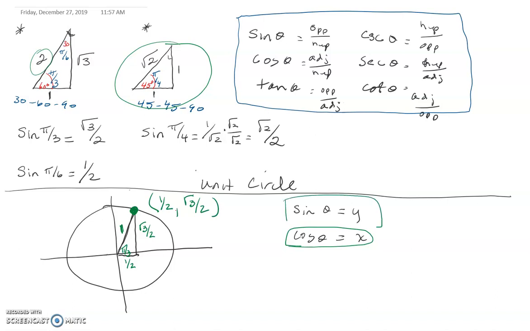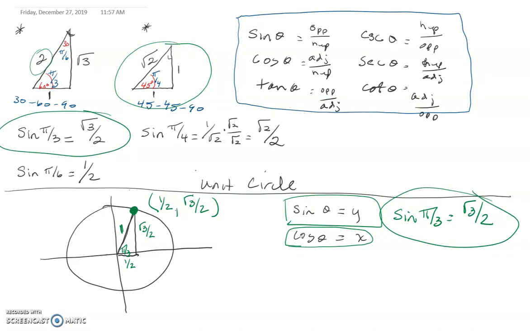So according to our unit circle, sine of pi over 3 equals square root of 3 over 2, which is the exact same thing we got up there.